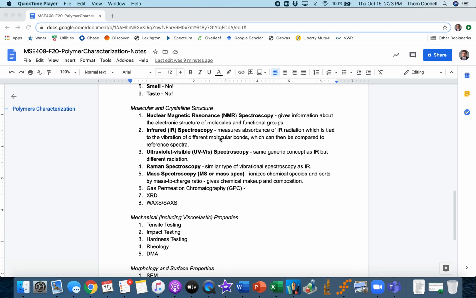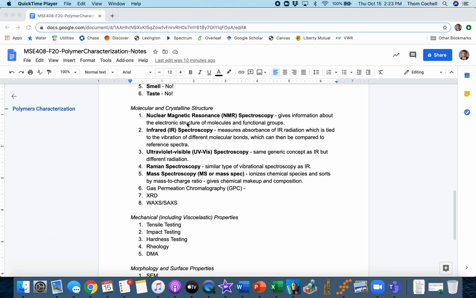And so NMR, or nuclear magnetic resonance spectroscopy, is a really powerful tool that gives different molecular and functional groups in the structure. So it can really tell you what you have there. IR, or infrared spectroscopy, gives you different molecular bonds as well.